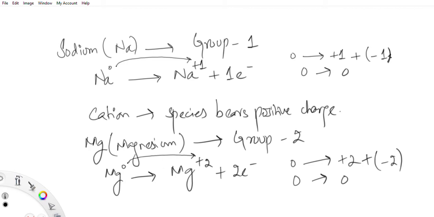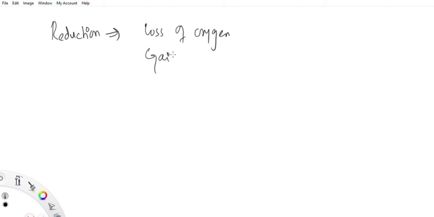Now we will come towards reduction. Reduction is completely opposite to oxidation. We said earlier that oxidation is the gain of oxygen, so here it is the loss of oxygen. In oxidation we have loss of hydrogen, but here we will have gain of hydrogen.